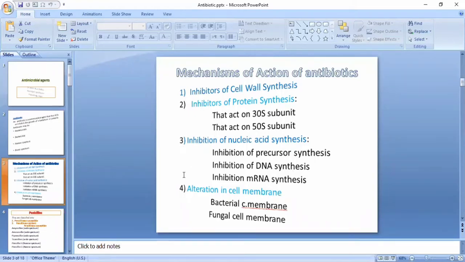So these are the four important methods of acting of antibiotics. Antibiotics may act by these four methods: they inhibit cell wall synthesis, they inhibit protein synthesis, they inhibit nucleic acid synthesis. These are the penicillins, cephalosporins, and starting from the penicillins.